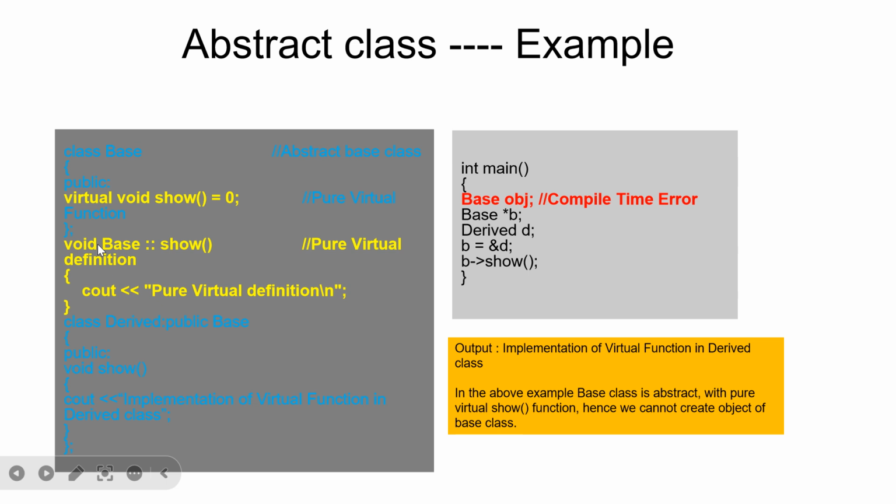So it's nothing but the definition. The function definition is given outside of the class only. Also in the derived class the same function name is given some explanation. Now while you are creating, you should not create an object for the base class because this is an abstract class, and then we can go for the execution. So the show is nothing but late binding, so automatically the derived class content will be executed first.